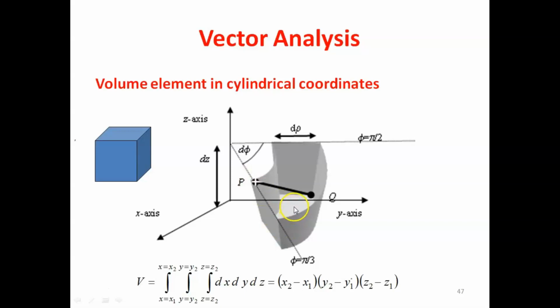Out of that, you have to consider the one cut by phi equal to phi 1 line and phi equal to phi 2 line. For example, phi equal to phi 1 here shown is pi by 3 and phi equal to phi 2 is pi by 2. And then z equal to 0 and z equal to h, say a constant number. So that will work out to be the volume in cylindrical coordinates.